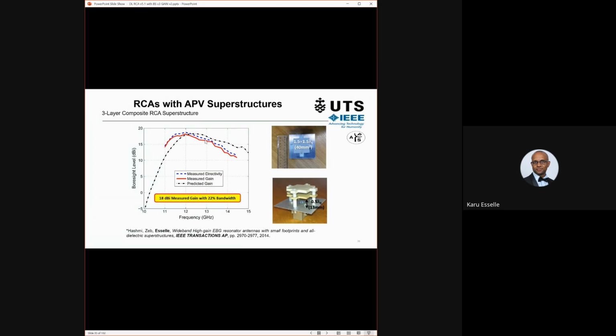So you can see this blue curve is the measured directivity, green curve is measured gain. It's almost identical, very small difference between the two. So this antenna has very high efficiency and very low loss. And it has good gain and bandwidth over a range of frequencies. But this is not our best.